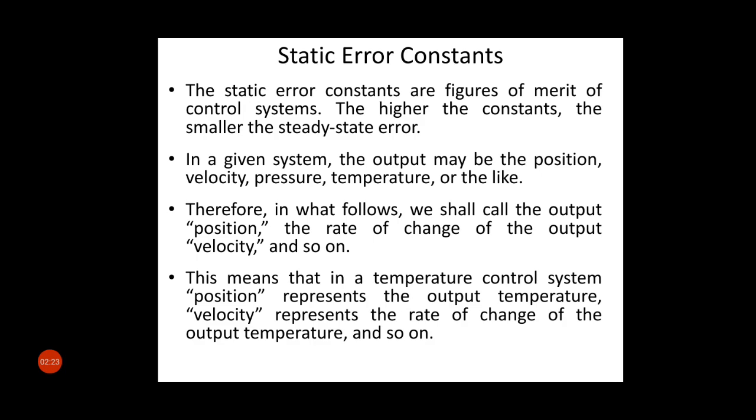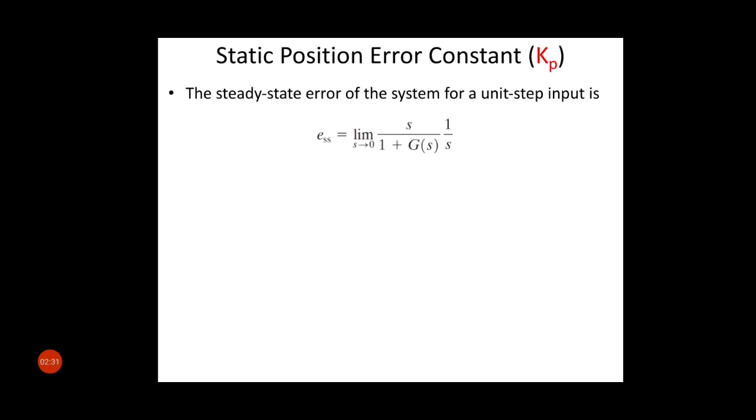Based on this, there are three types of static error constant. First is the static position error constant, second is the static velocity error constant, and third is the static acceleration error constant.